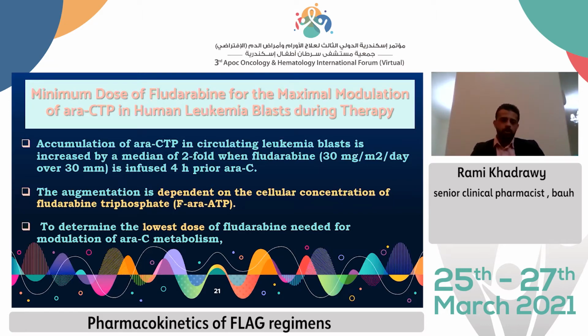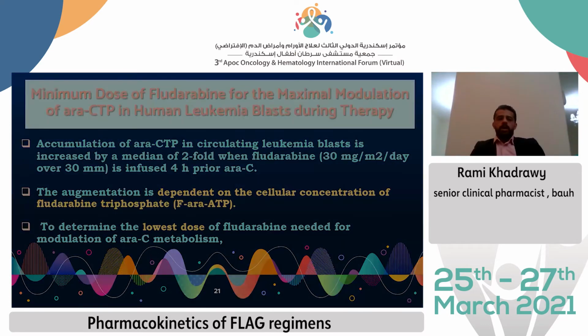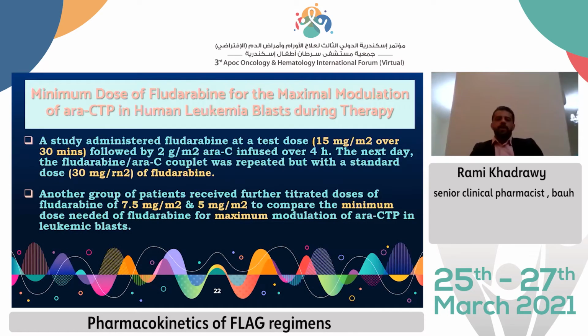The study aim was to determine the lowest possible dose of fludarabine for the maximum modulation of RCTP. To demonstrate this through the flag regimen, the study administered fludarabine at a dose of 15 milligram per meter square prior to RC 2 grams per meter square by 4 hours.